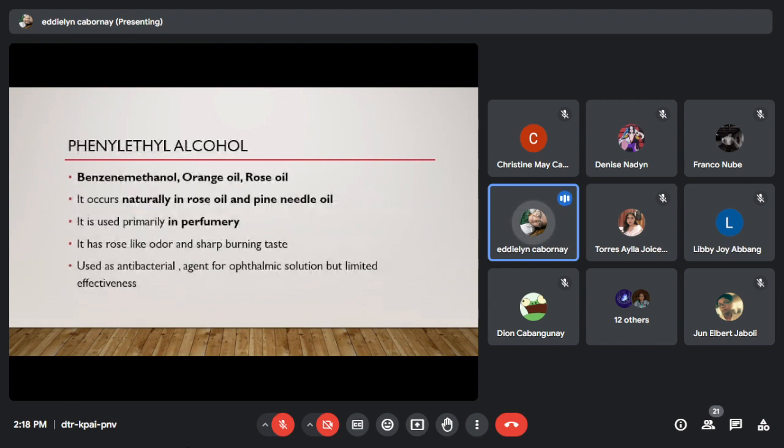We have phenylethyl alcohol, or benzene methanol, orange oil, and rose oil. It occurs naturally in rose oil and pine needle oil. It is used primarily in perfumery. It has a rose-like odor and sharp burning taste.